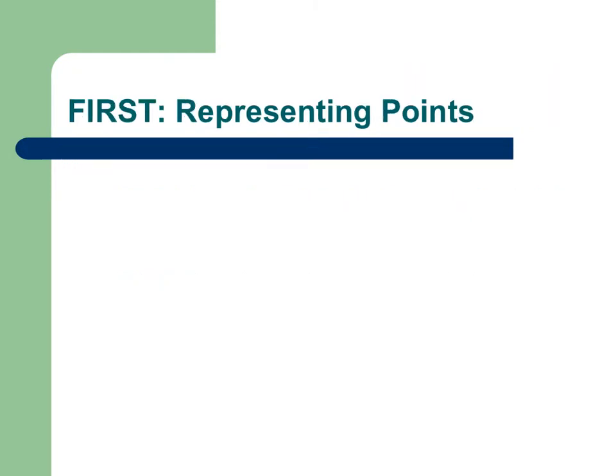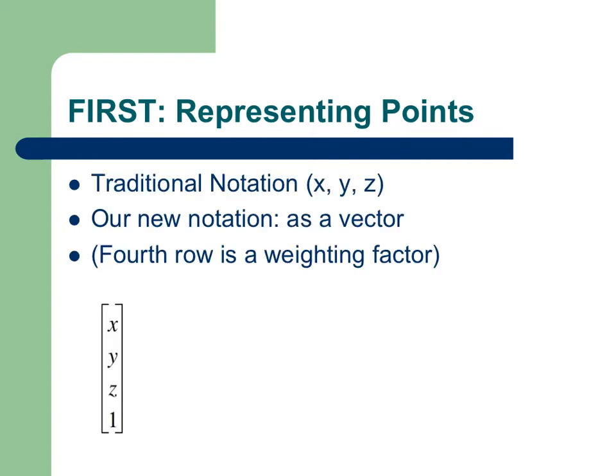So let's start by talking about how we're going to represent a point in space. We're very used to talking about a three-dimensional point by showing it like this. We're going to change our notation, so we're going to represent it as a vector where we have x, y, z, and then a value at the bottom. Usually we're just going to write 1. That's the simplest way to deal with it.